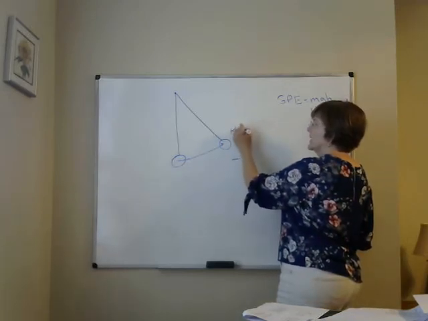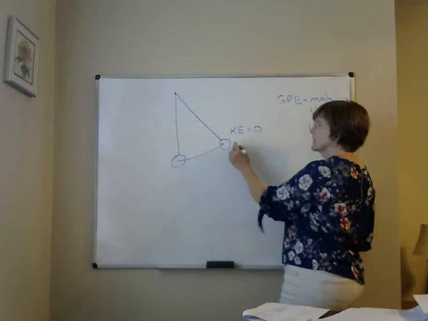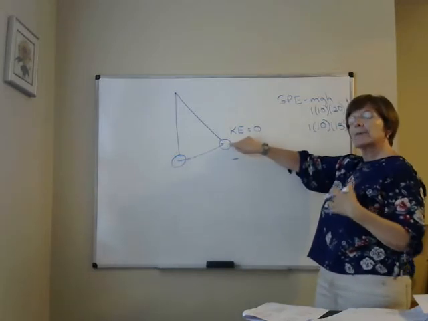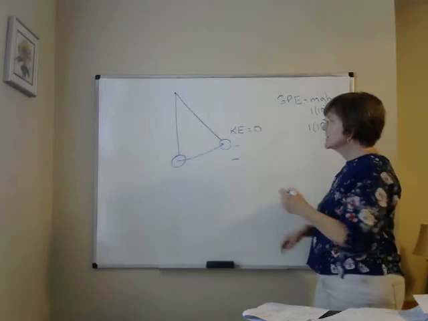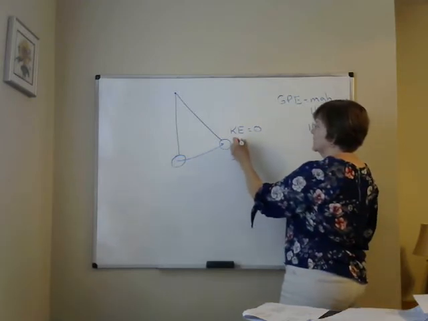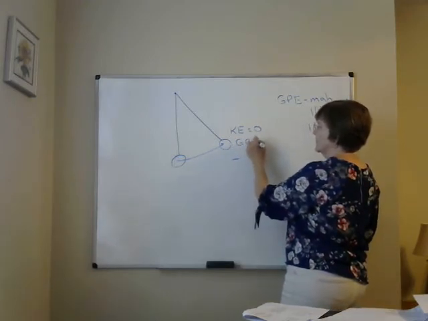We don't give it any kinetic energy, though, if we let it fall from zero. So I'm holding it perfectly still, it has no kinetic energy, but it has a maximum amount of gravitational potential energy.